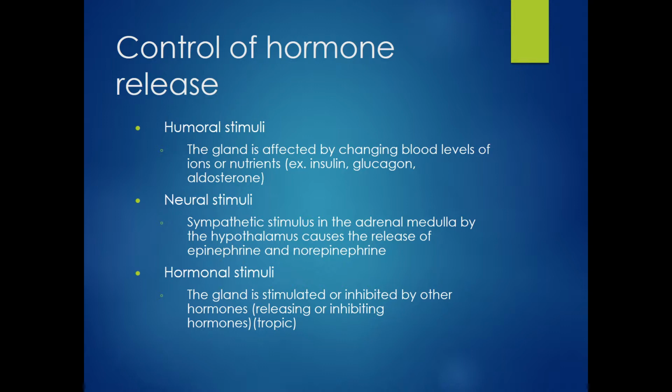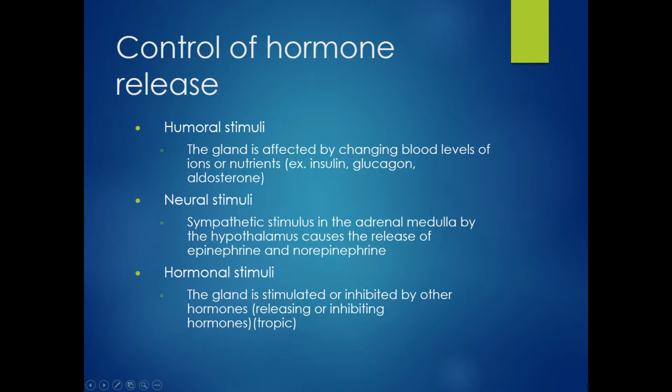Some aspect of the bloodstream is changing and hormones are going to take care of that. In this case, insulin and glucagon are stimulated for their release due to the increase or decrease, respectively, of blood glucose levels. Aldosterone is in response to falling plasma sodium levels and rising plasma potassium levels.